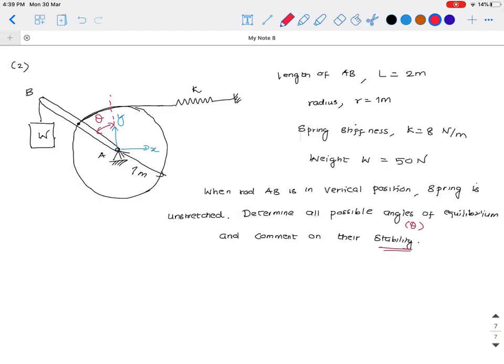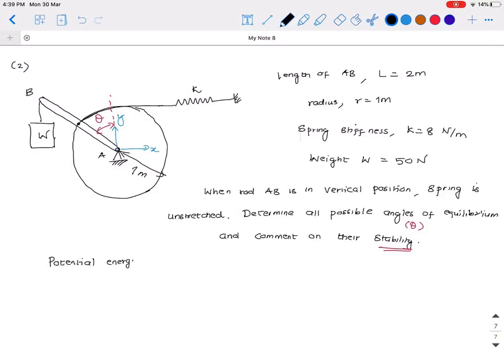As you know, the moment our interest is on stability of the equilibrium, we have to use the principle of minimum potential energy. Okay, now let's write the potential energy of this configuration given the angular displacement theta.